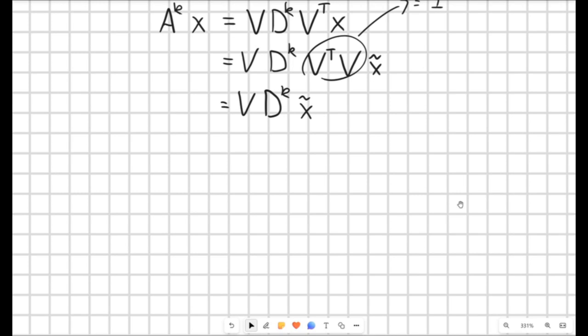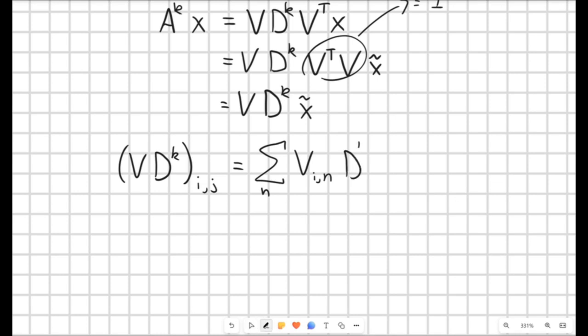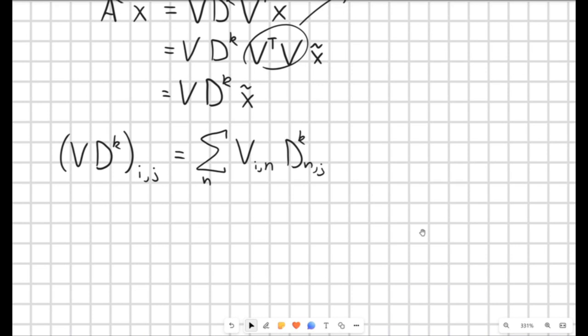Just like with any matrices, if we've got two square matrices of the same size multiplied together, standard matrix multiplication rules mean that V times D to the power of k, and I'm going to look at the ijth element of this matrix, is equal to the summation of, so I'm going to introduce a new index here, n, and it's just going to be n over the height or width of either of these matrices, and it's the nth element of V times the njth element of D to the power of k.